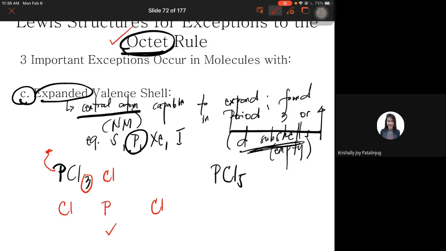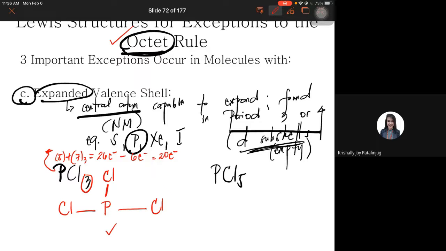Sige, so valence electron ng phosphorus is 5 plus 7 times 3. You tell me what is the total valence. Okay, 26 electrons. So magdodraw ka pa ng bonds, single bonds. So anim lahat, minus 6, so 20 electrons.